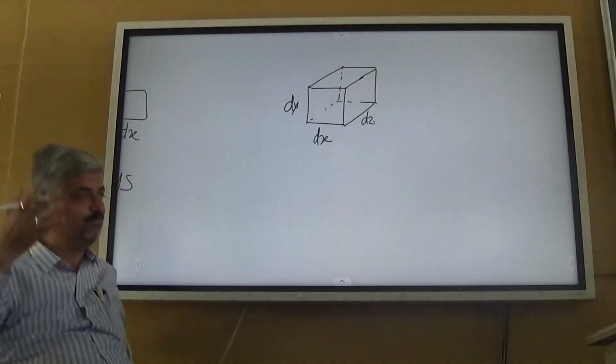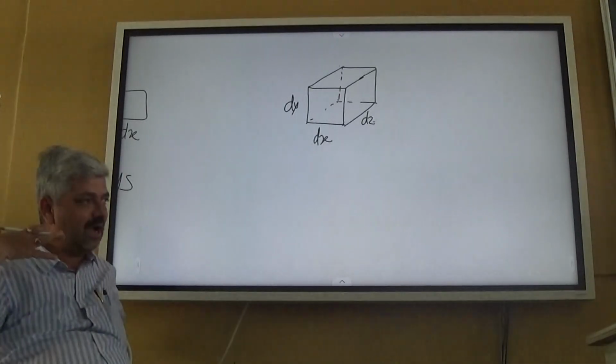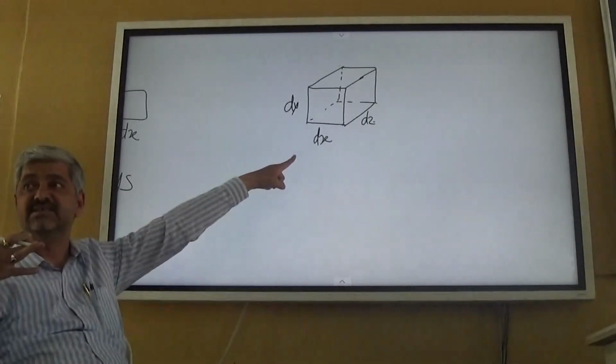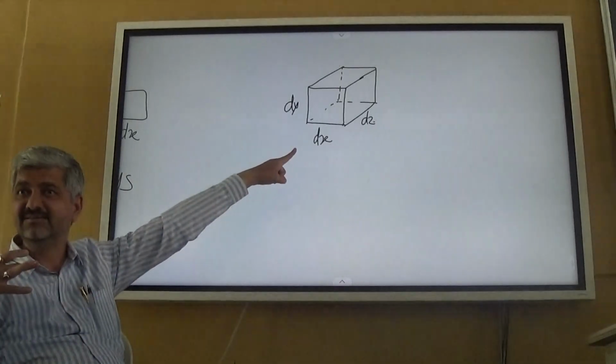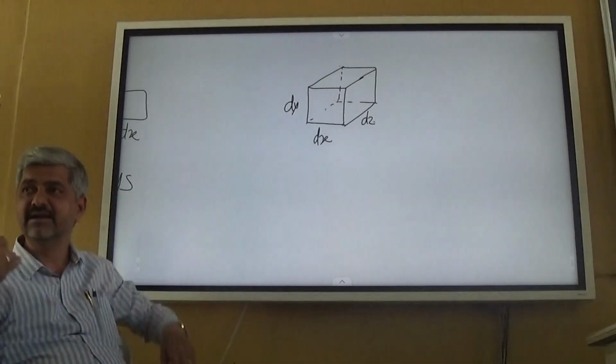If you find someone who is around 80 plus years of age and he observed this, he will say it's absolutely wrong. Why? Why will you say that? Anybody?